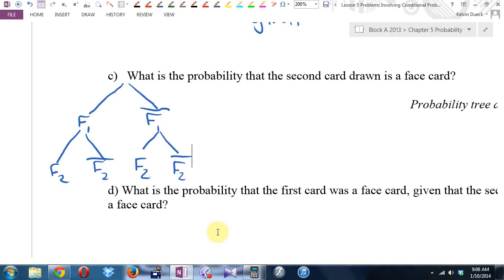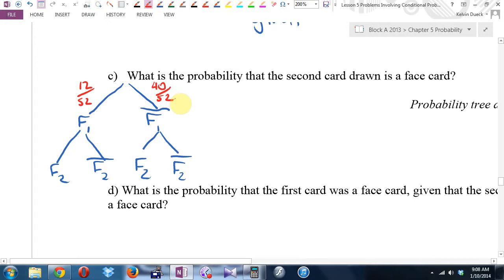So, how many face cards are there in the deck? What did we just say? 12 out of 52. How many non-face cards? Use the complement. 40 out of 52. Down this first branch, you picked a face card.